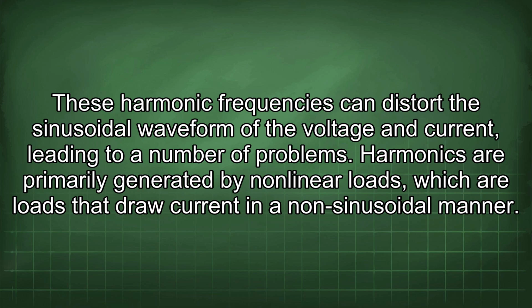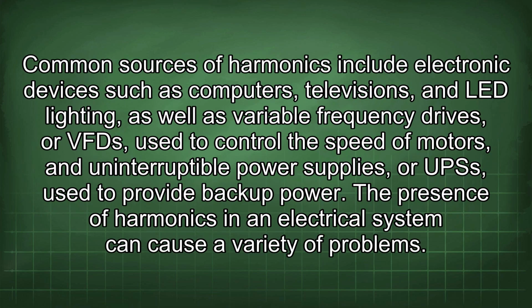Harmonics are primarily generated by nonlinear loads, which are loads that draw current in a non-sinusoidal manner. Common sources of harmonics include electronic devices such as computers, televisions, and LED lighting, as well as variable frequency drives, or VFDs, used to control the speed of motors, and uninterruptible power supplies, or UPSs, used to provide backup power.